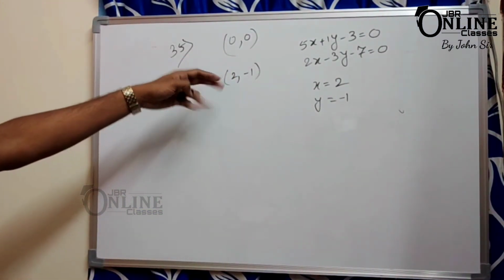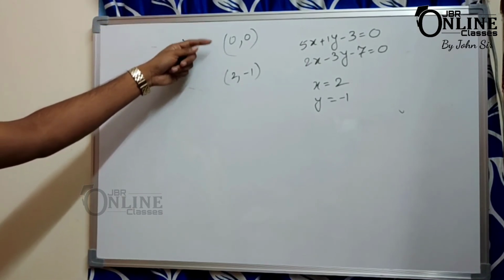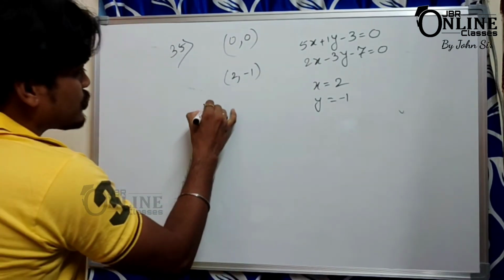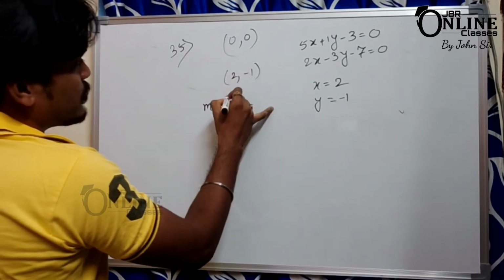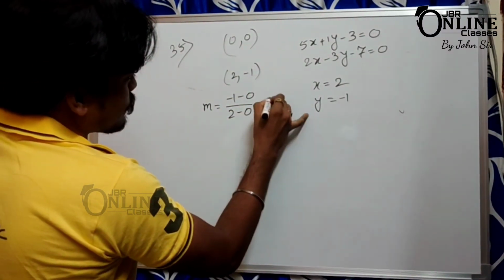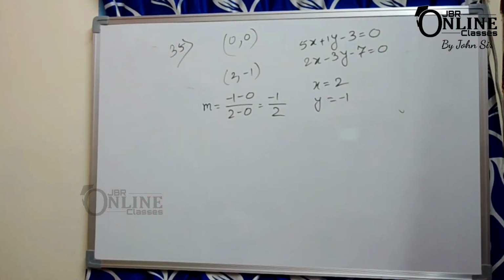Now you have to find the equation of the line which passes through this point and this point. First you have to find the slope. The slope is y2 minus y1, so minus 1 minus 0, over 2 minus 0. So the slope is minus 1 by 2, so m equals minus half.